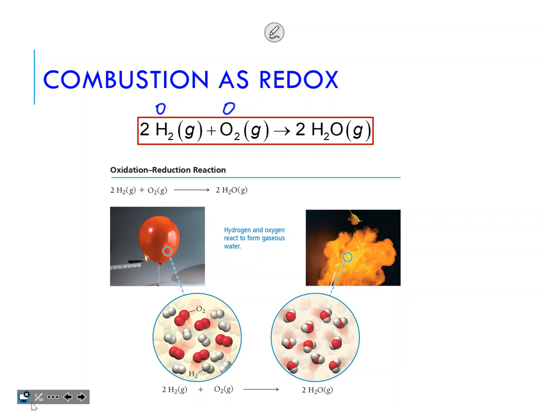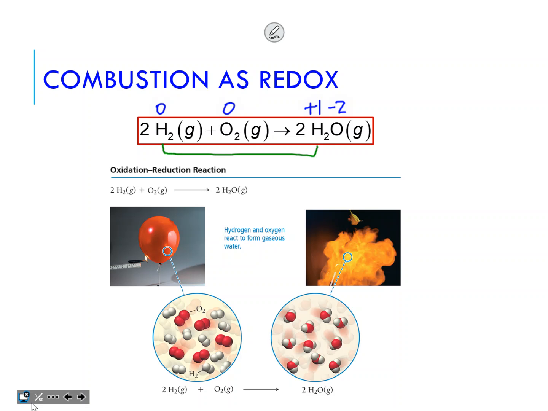Now in the compound, water here, water vapor, oxygen carries a -2, the hydrogen carries a +1 based off of assigning oxidation number rules. We'll go over those in just a minute. But as you can see, the hydrogen goes from 0 to +1. So is that being oxidized or reduced?